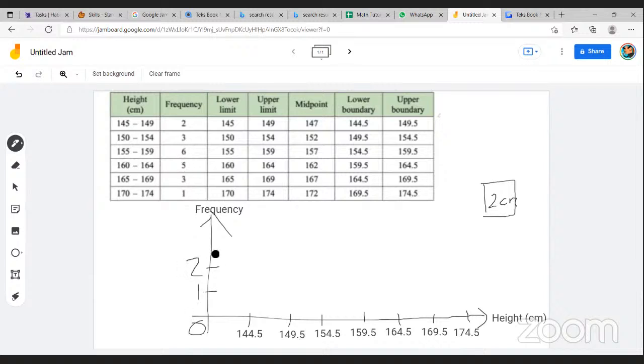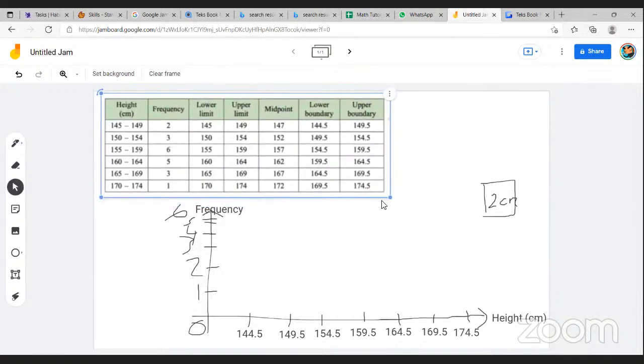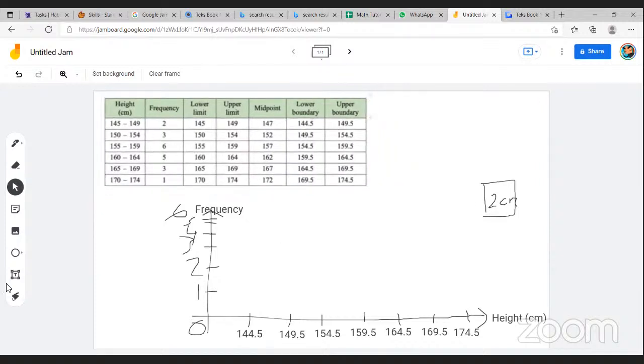So you can say 1, 2, 3, 4, 5, 6, basically the same as how you've always been doing graphs. Essentially a histogram is similar to a bar graph.